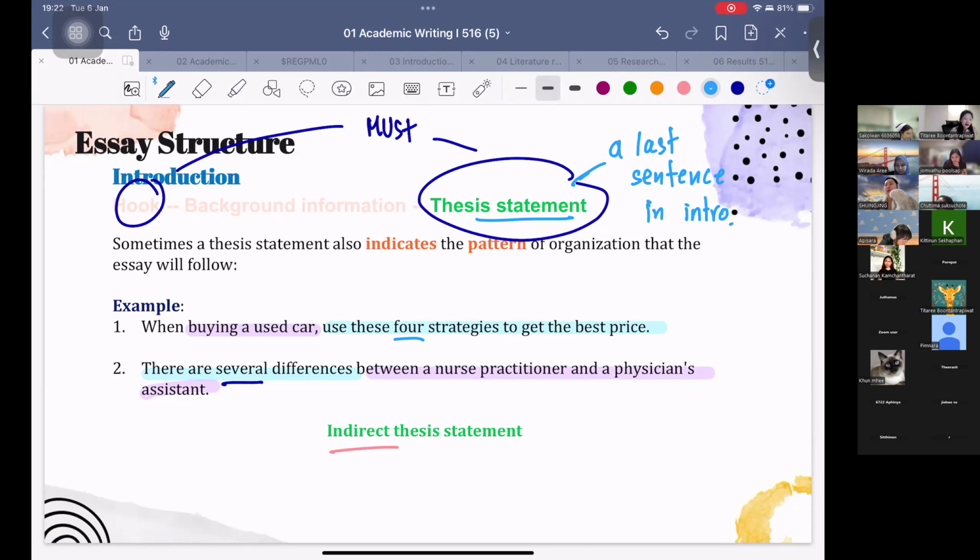If you want to include some background information, maybe you provide a definition, or some elaboration about the topic, what it means, how it came up. Whether to include background information or not is your choice, because some topics might be quite general already, or sometimes you don't want to spend your writing time on this one, so yes, you can ignore it. But the hook and the thesis statement are definite things that you should include in writing the introduction for an essay.